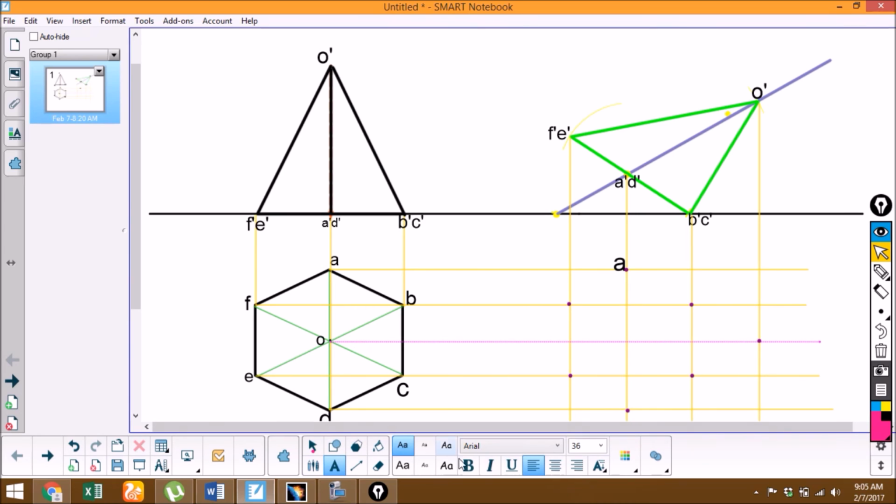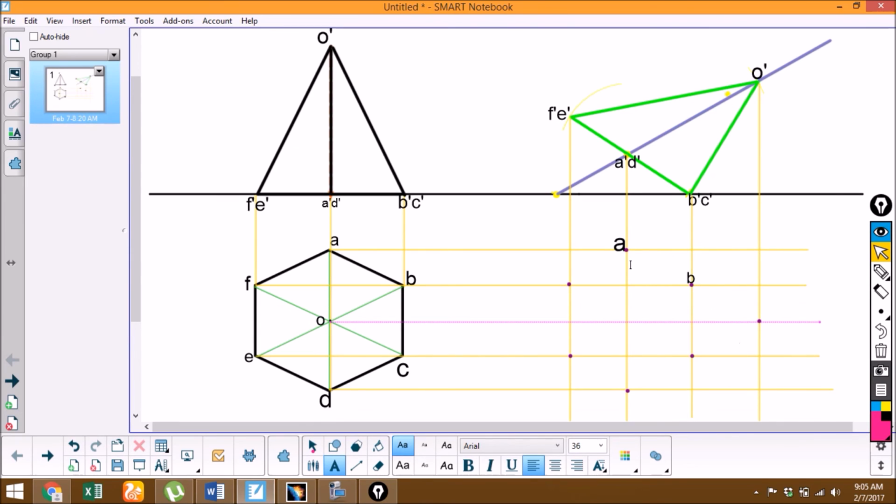Now we need to join all these points. While joining B and C, that base edge is not visible, so it must be drawn using a dashed line only. So let me put all the points first.